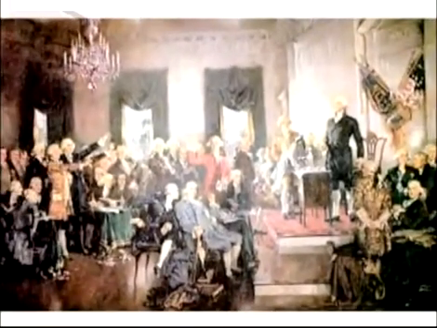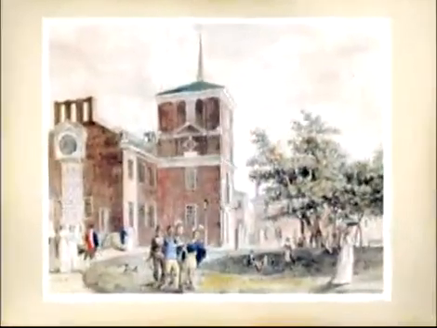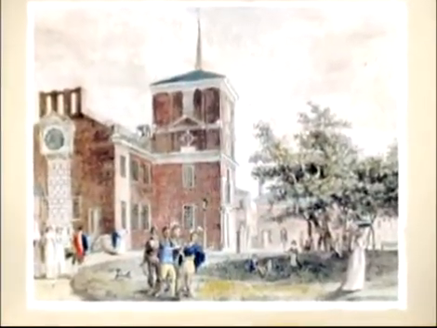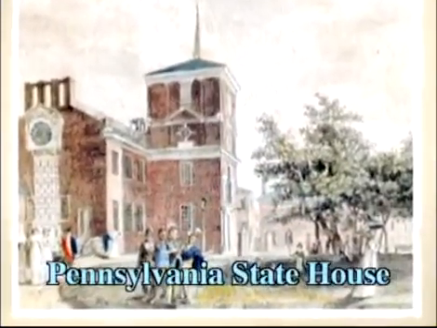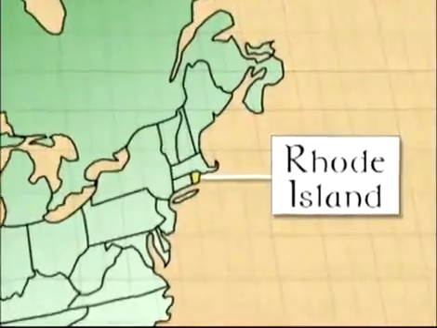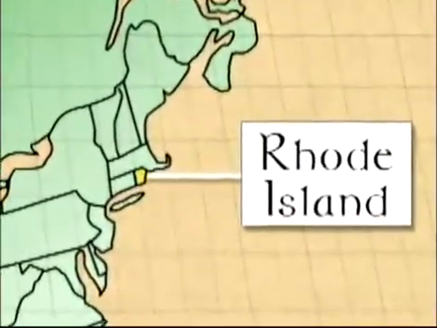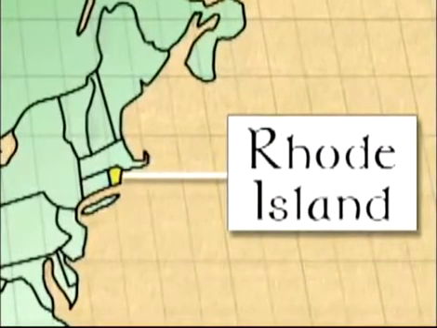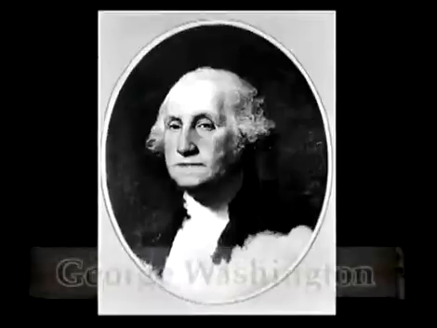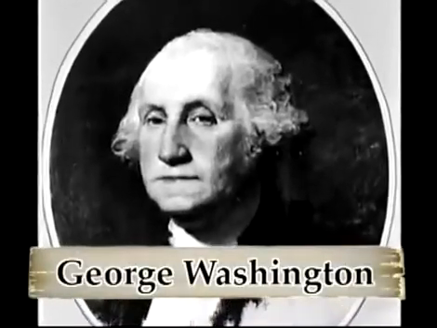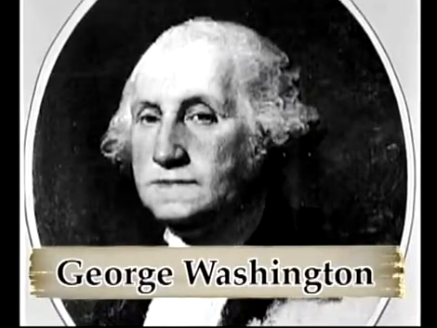74 delegates were appointed to the convention in Philadelphia, but only 55 actually attended. The sessions began on May 25, 1787, at the Pennsylvania State House. Leaders in Rhode Island refused to participate. They insisted on remaining a completely independent state. The participating delegates unanimously voted George Washington to preside over the Constitutional Convention.